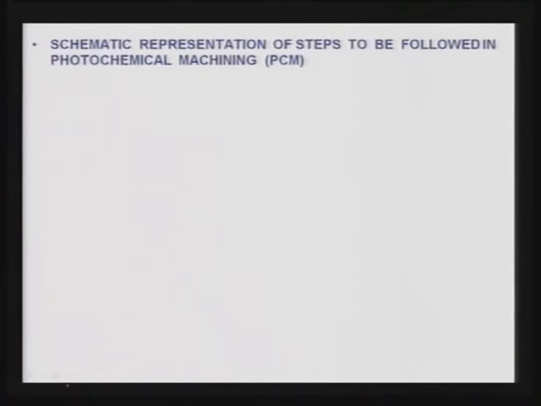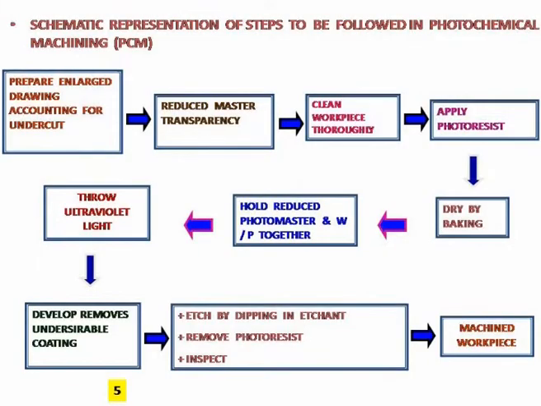Schematic representation of various steps to be followed in photochemical machining is given over here, and this is a very important process and very commonly used for production of accurate parts.